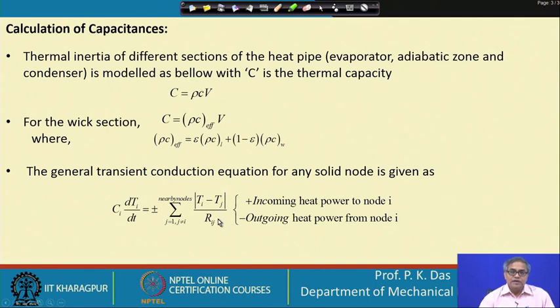So, this equation has a lot of similarity with an electrical network, and we can have a set of equations like this. So, with this we can proceed, we will have a large number of equations and then we can proceed for our calculation. So, let us go to the next slide.